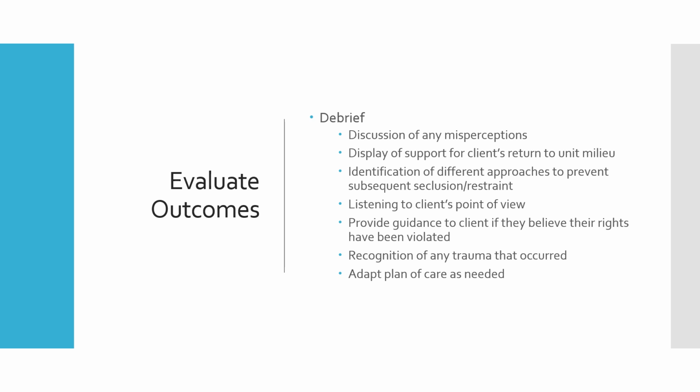Debriefing is always completed for clients that have been placed in seclusion or restraints as soon as possible following the discontinuation of those. We need to obtain permission from the client to include family members or other caregivers that may contribute to the debriefing session, as they can provide suggestions for adjusting the current treatment modalities, right?